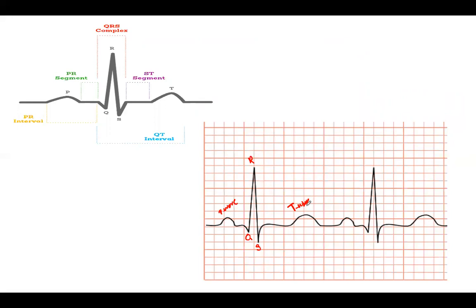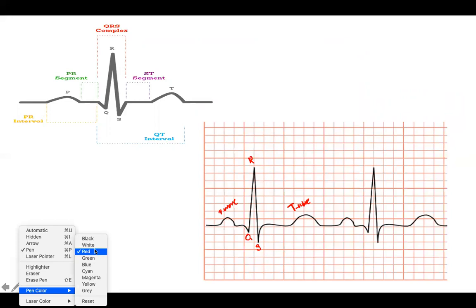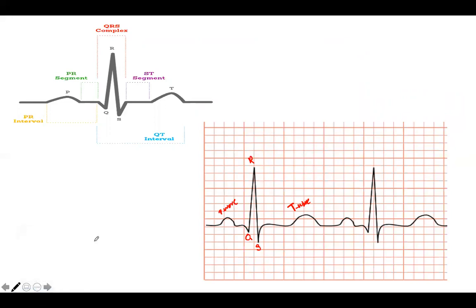Now, what are the components that I need to recognize in addition to that? I have what we identify as the PR interval, which starts with the beginning of the P and ends with the QRS. So this is my PR interval.